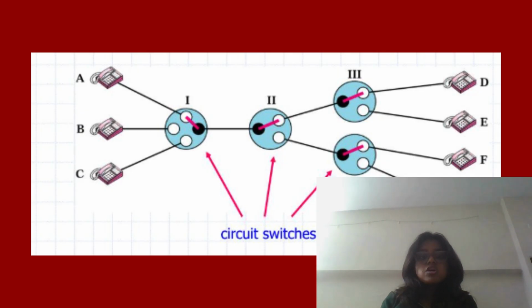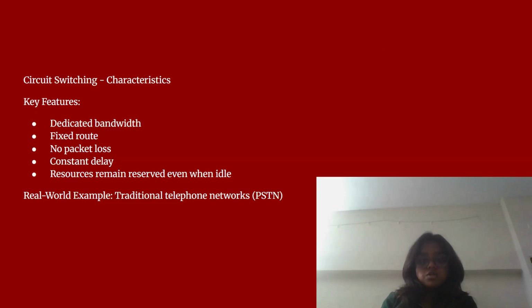Now let's move on to datagram packet switching, the backbone of the internet. Look carefully at the diagram. You will notice multiple sources, multiple intermediate nodes, and packets labeled A1, A2, A3, B1, and B2. Each packet is treated as a separate entity.